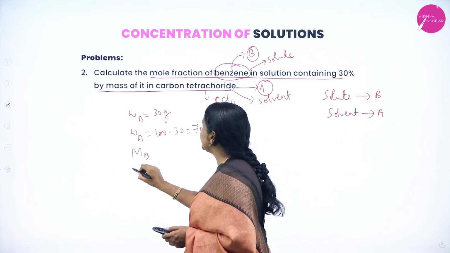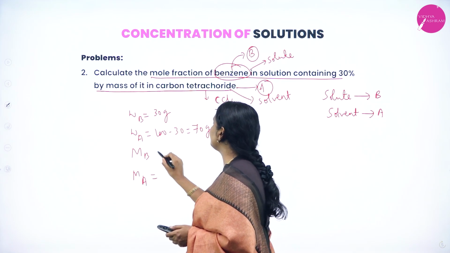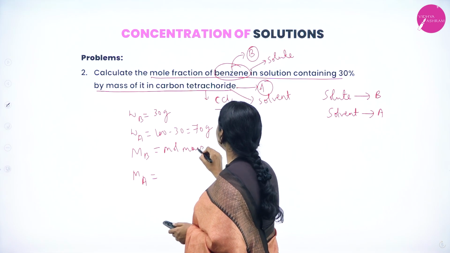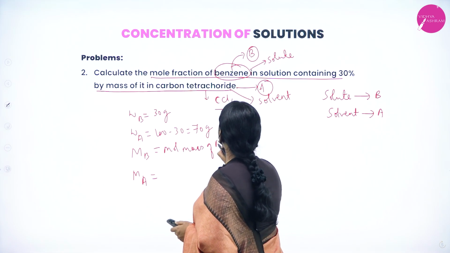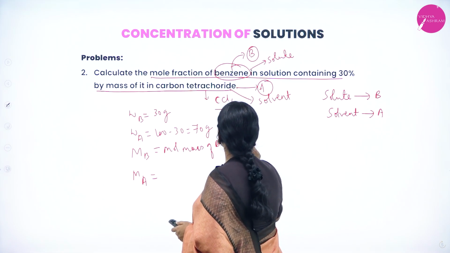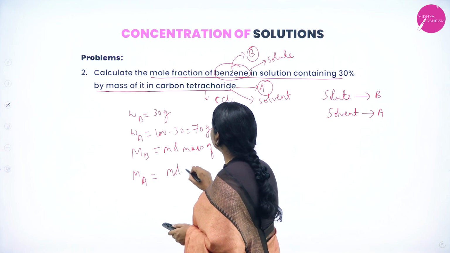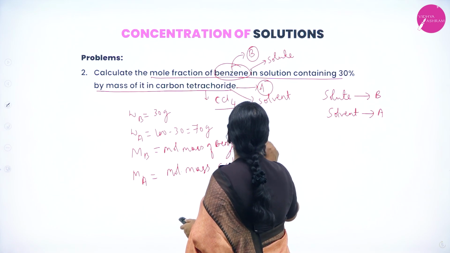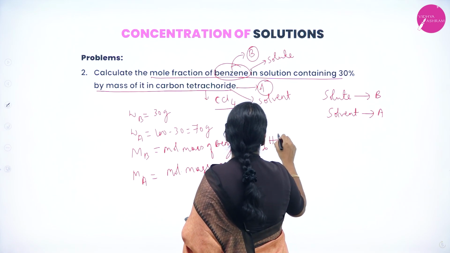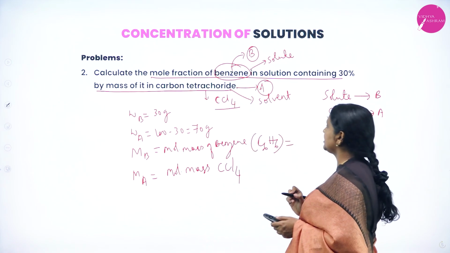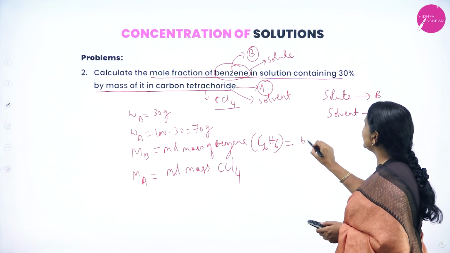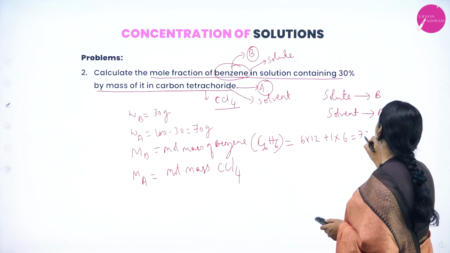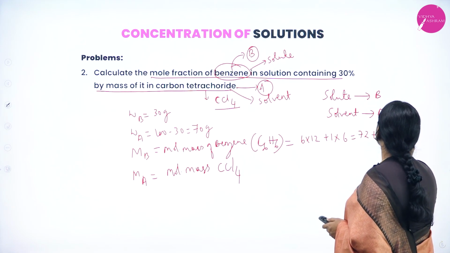Now I have to write MB and MA. MB is the molecular mass of B, the solute, the molecular mass of benzene. MA is the molecular mass of carbon tetrachloride. What's the formula of benzene? C6H6. Therefore, 6 into 12 plus 1 into 6, so 72 plus 6, that is equal to 78.